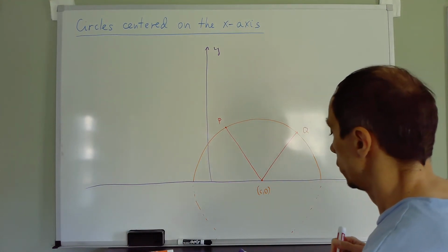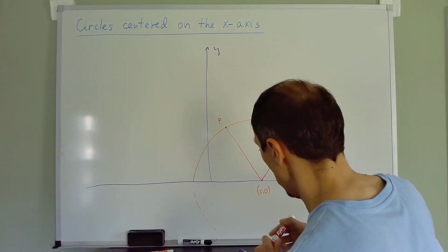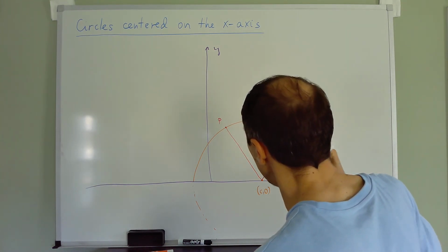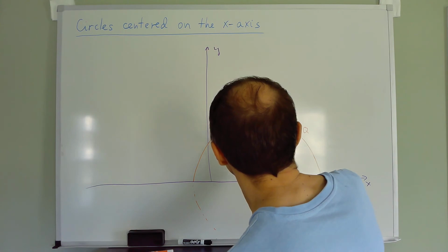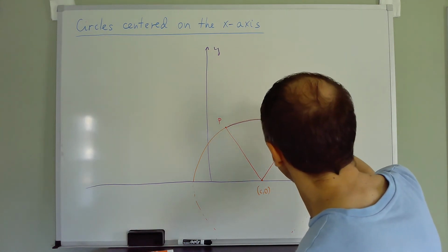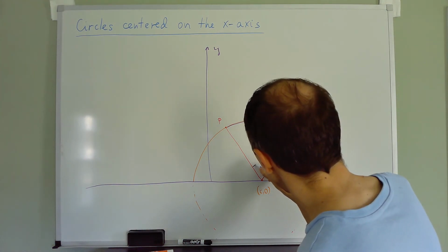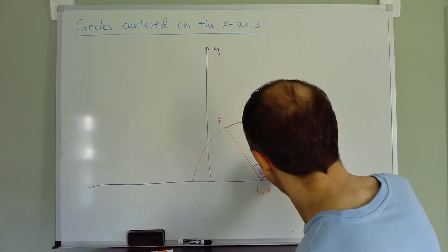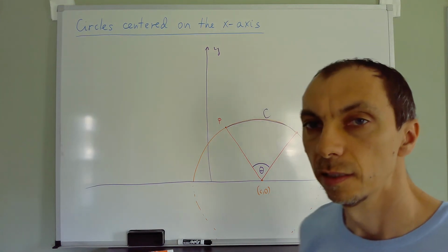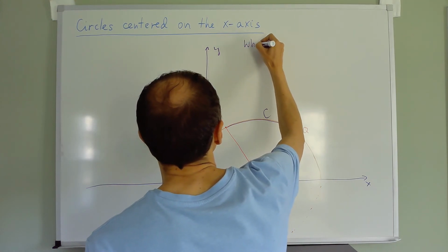Same here. So I am interested in this length. I'm going to color this in purple, I will call this C. Okay, and here I have a certain angle, theta. So the question is, what is the hyperbolic length?